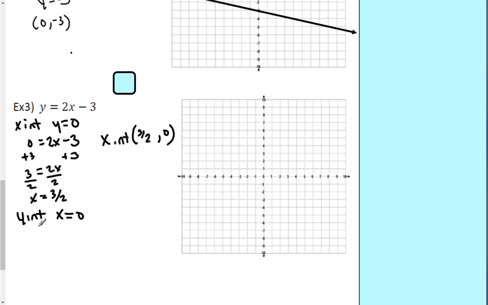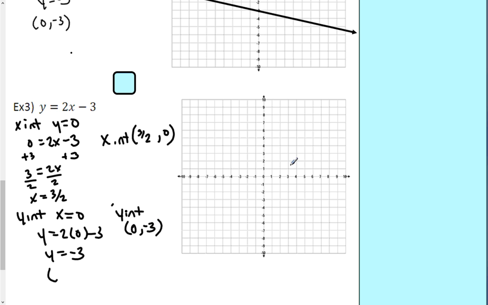The y-intercept is actually really easy here because when you do that, you're going to make x equals 0. So you're going to get y is equal to 2 times nothing minus 3. So y is equal to negative 3. So to name this point, for the y-intercept, the name of that point is 0, negative 3.